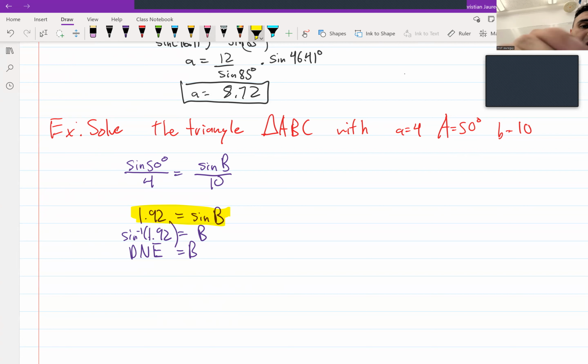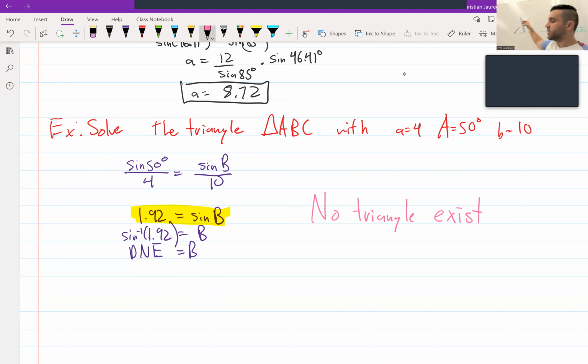So your answer to this question would be no triangle exists. That's when we had the little short one, right? Right up here where we couldn't reach it. Basically, one side's too short, and I'm not hitting anything. I can't hit that bottom line. So that's that there. Sweet. Those are the situations for law of sines.